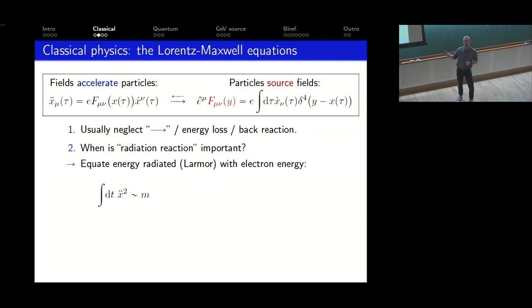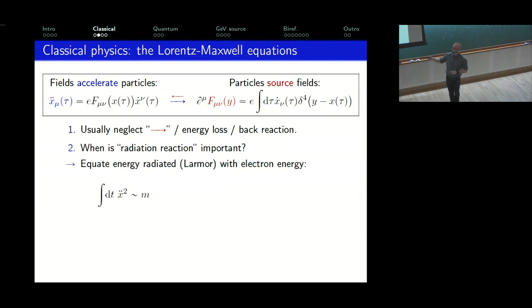To estimate that, we work out the energy radiated by an electron according to Larmor's formula. There it is, just the time integral of the acceleration squared. And let's just equate that to the electron rest mass. So we say back reaction is so important that the electron is losing all of its energy. It's a rough approximation, but it gives us the right answer.